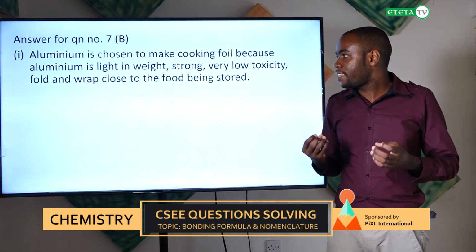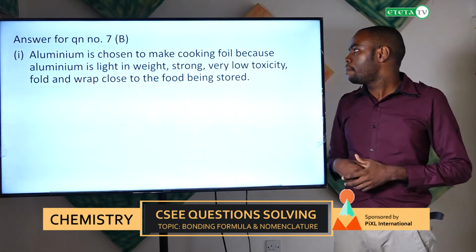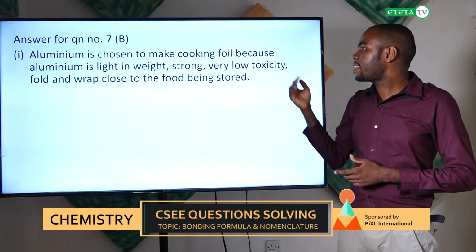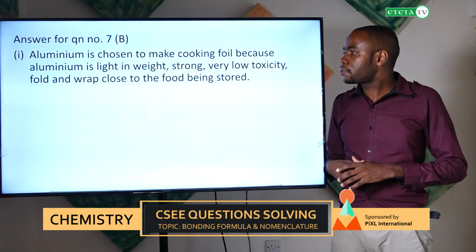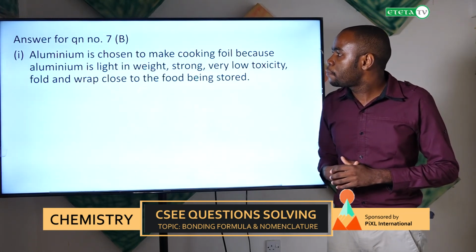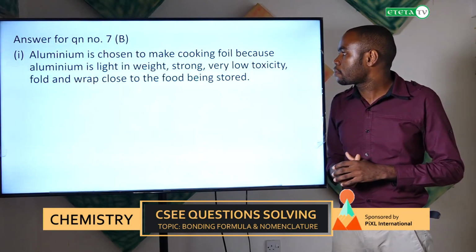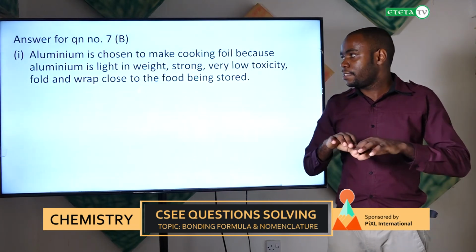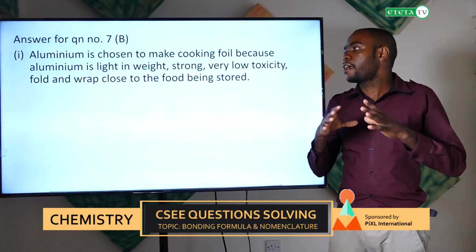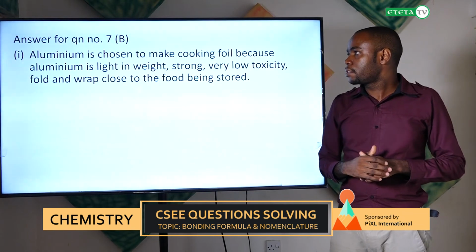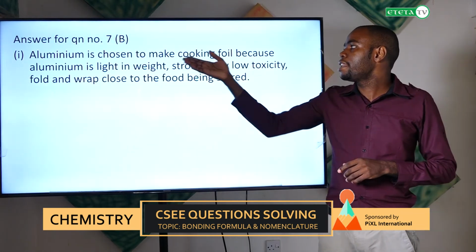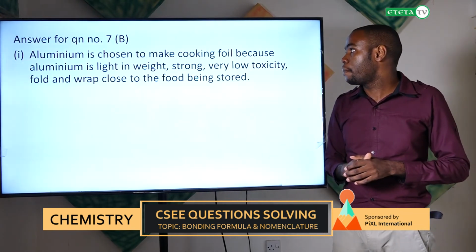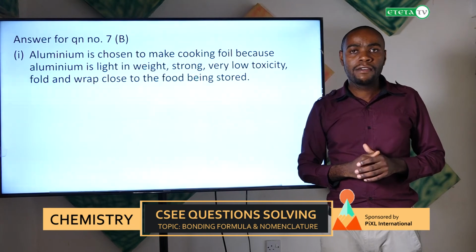Although it's light in weight, it is strong. But also very low in toxicity. Also, aluminium foil can be folded and wrapped close to the food, then stored. If you want to store food, it can be folded and wrapped. So this is the reason why aluminium is chosen for making cooking foil.